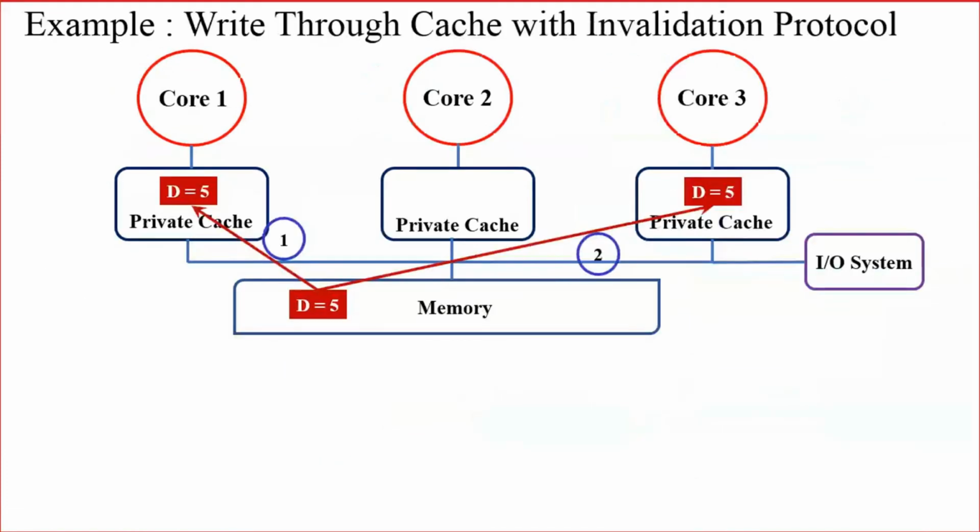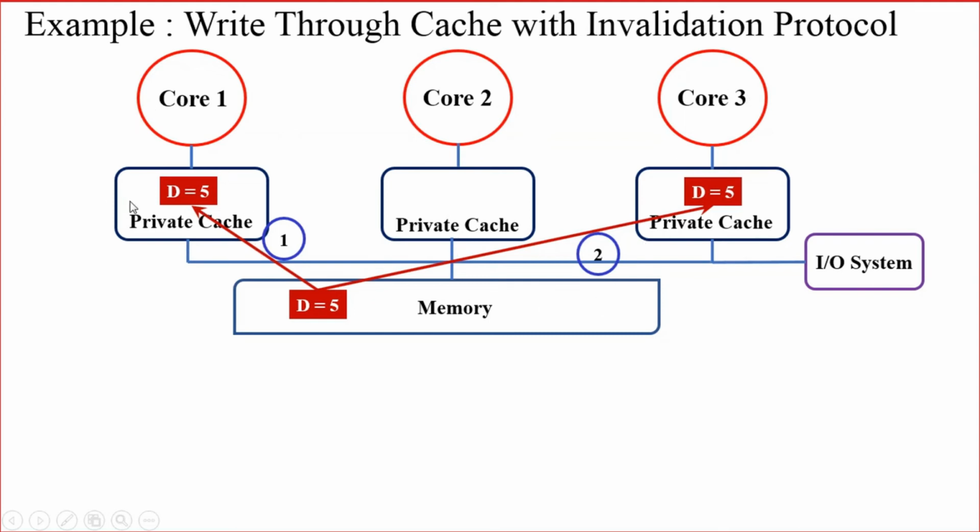Next, we will take an example for a write-through cache with an invalidation protocol. We have seen different types of caches and different protocols, so we'll see one example with the write-through cache having a cache invalidation protocol. We'll take the same example you have seen in one of the slides. 3 cores and 3 private caches are there.